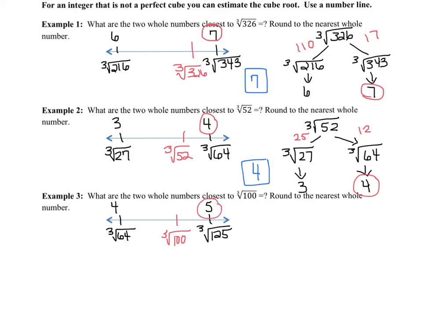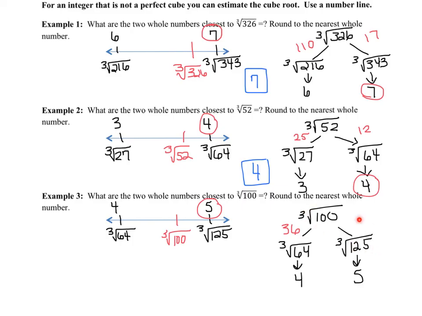Now, if you want to use a tree, you have the cube root of 100, and the cube root of 64, which is 4, and the cube root of 125, which equals 5. Now let's find the difference between 64 and 100, which is 36.